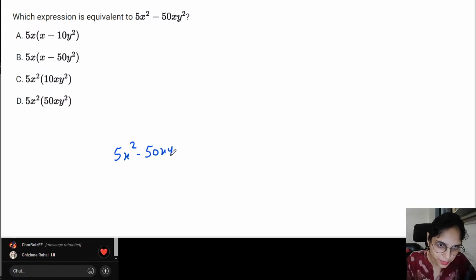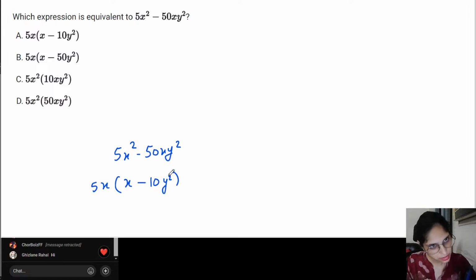First we see the numbers 5 and 50. 5 is common, so you write 5 outside. There is x squared and there is x. The lowest power of x is 1, so we'll take x outside. There is no y squared in the first term. Now 5x squared divided by 5x will be just x. To make 50 from 5, you need 10. x is already there and you need y squared. So 5x times x minus 10y squared is the answer.